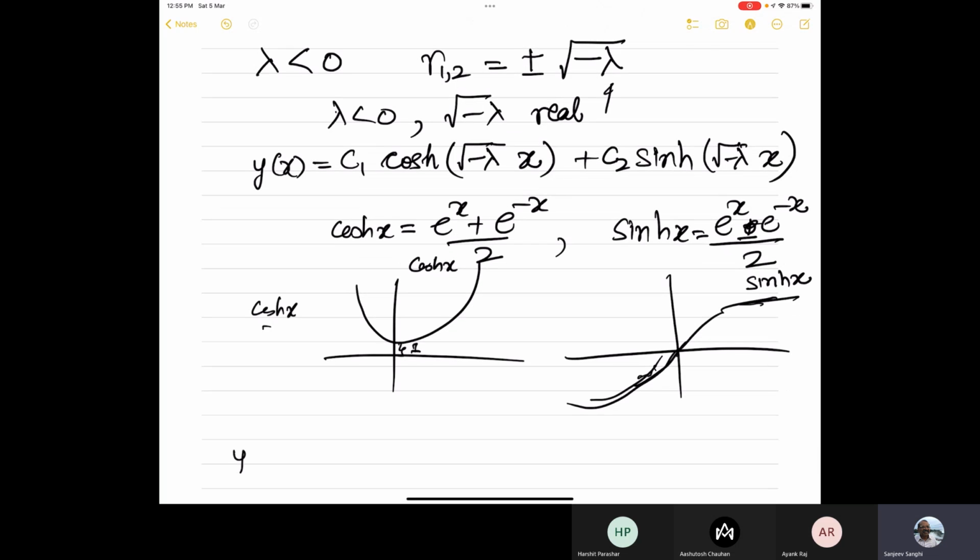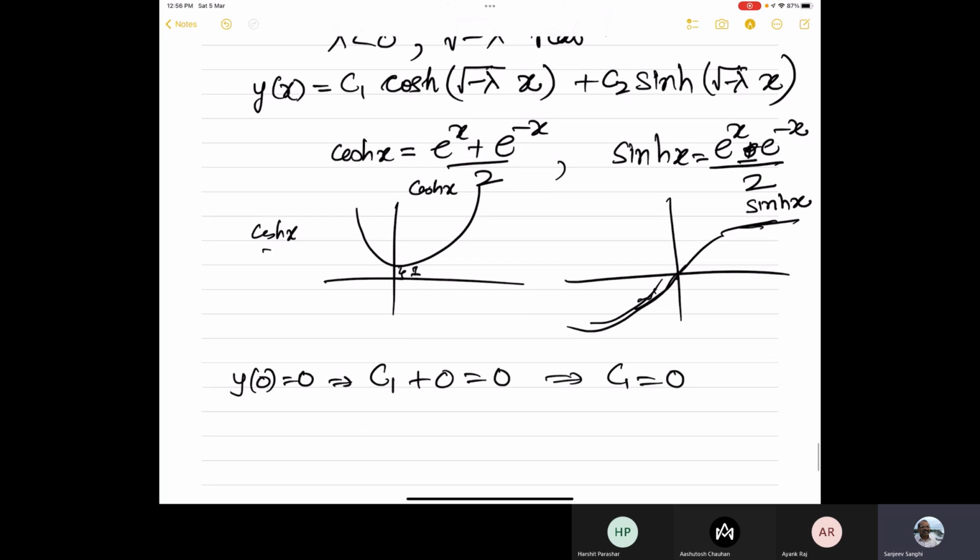So now when we apply the boundary condition y of 0 is equal to 0, what we will get is c1 times 1 plus 0 is equal to 0. This will give us c1 is equal to 0. And when I apply y of 2 pi is equal to 0, this will imply c2 times sine hyperbolic of 2 pi times square root of minus lambda is equal to 0.